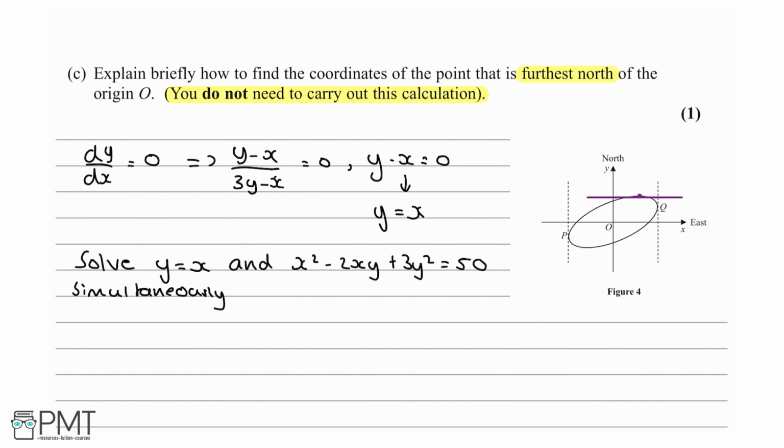And then from here, you would choose a positive solution, because if we look here, our furthest north point has positive x and positive y. So choose the positive solution. This question is worth 1 mark, and you get 1 mark for writing exactly what I have written here.